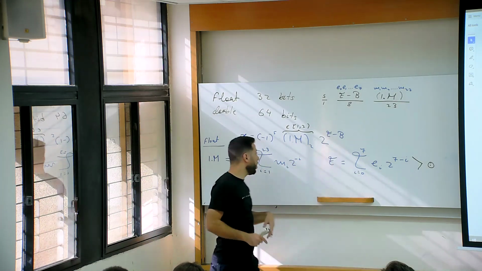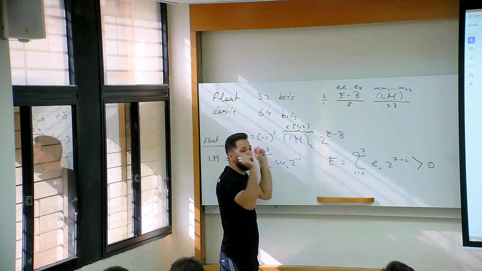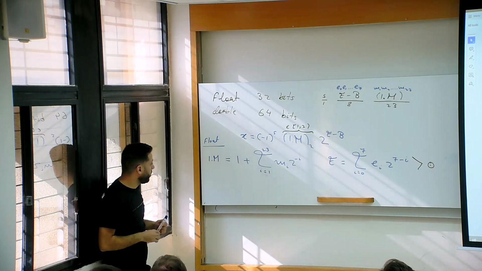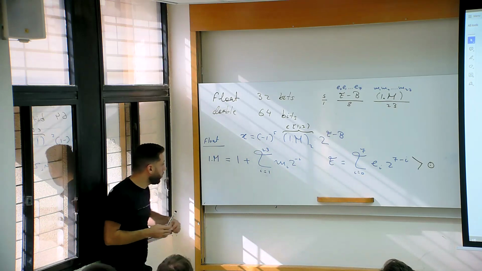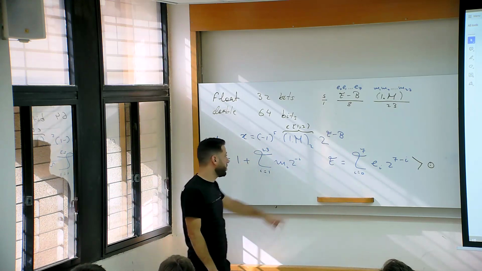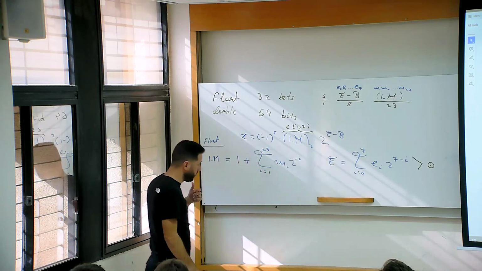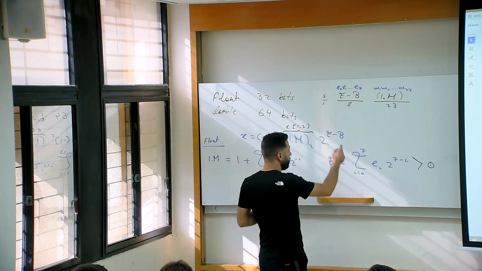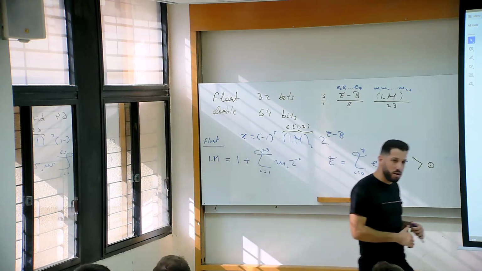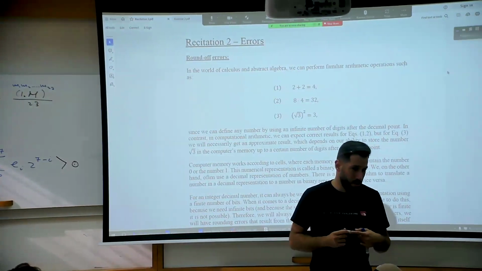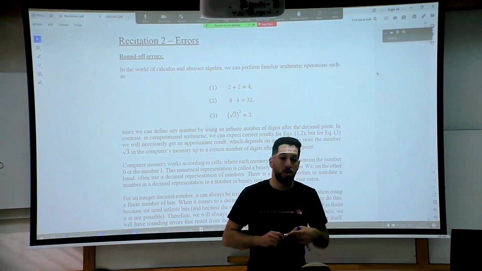So this is the number in sum. We'll see why I call this the number, and this is another piece of information. If we don't use the minus B, the smallest number that we can put here is 2. And it's not good. We want to be able to store small numbers also.